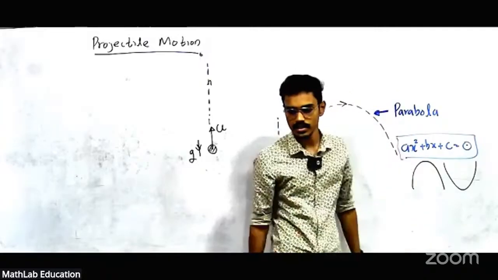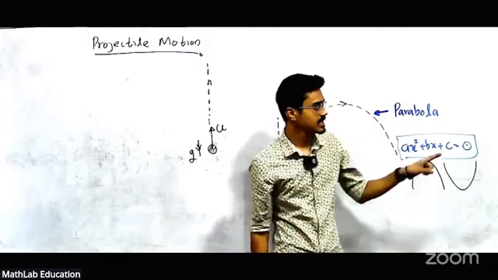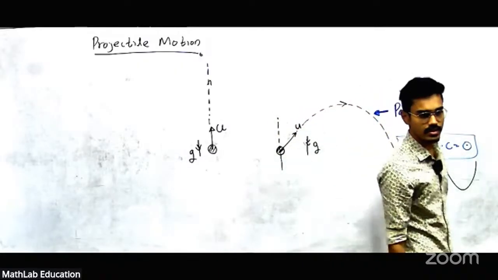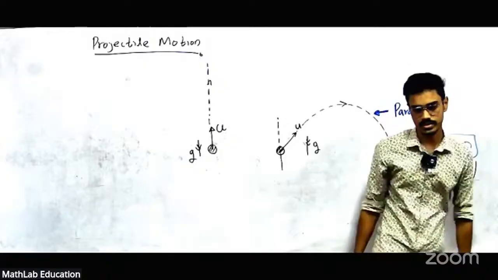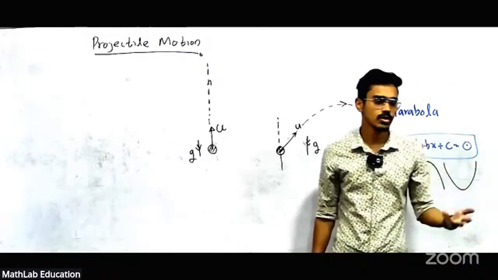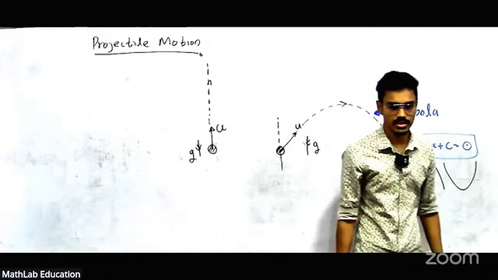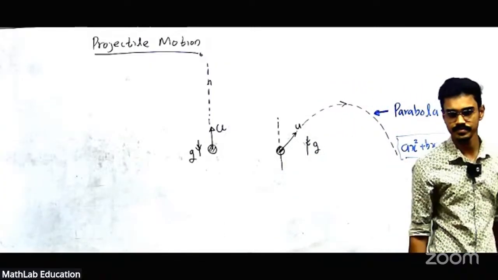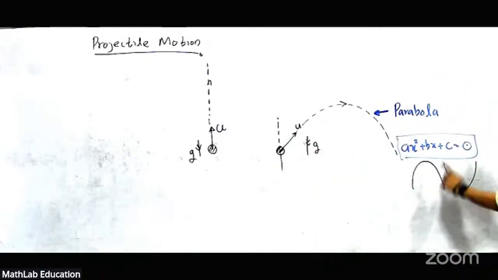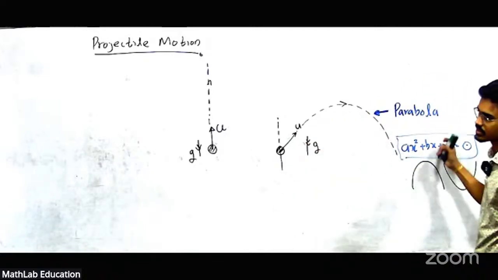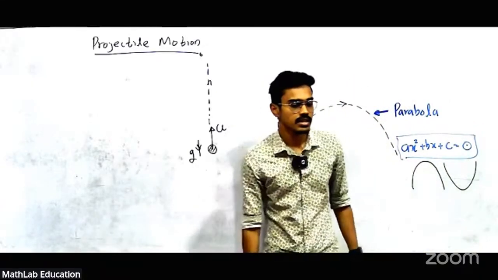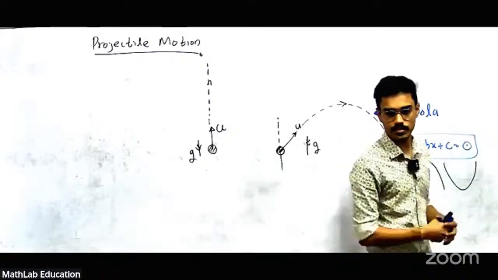That is the exact shape of the trajectory, or the moving path, of a projectile motion. So it's also known as a parabolic motion. Projectile motion is also known as parabolic motion, and the path follows this kind of equation. That is how a projectile motion is defined.